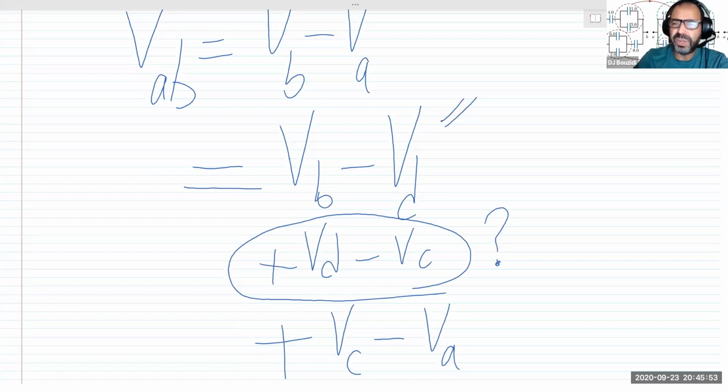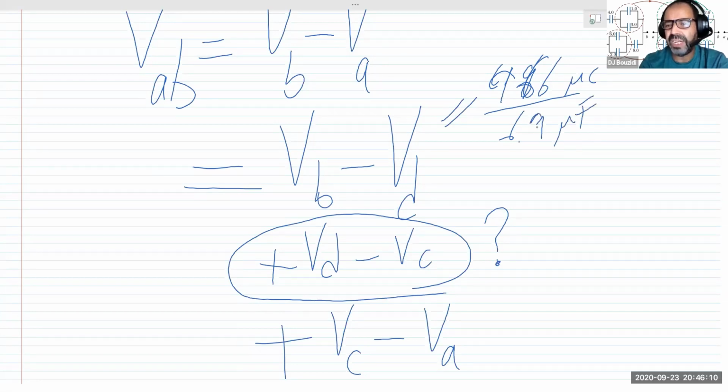No, the voltage is Q divided by C, not multiplied, I'm sorry. So the Q total is 966 microcoulombs, and the capacitance in this case is C1, which is 6.9 microfarads. You see the advantage of leaving the micros intact? You don't have to worry about them in doing the calculation. All you have to do is just divide: 966 divided by 6.9.